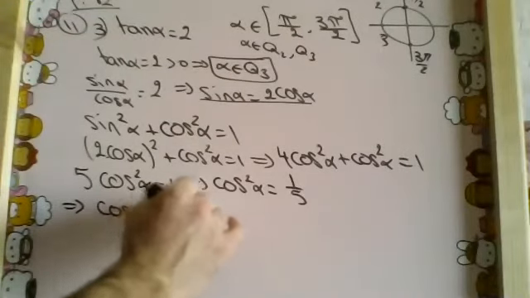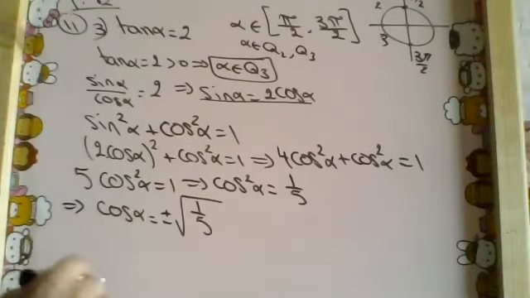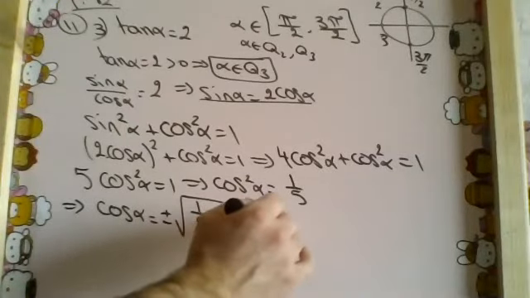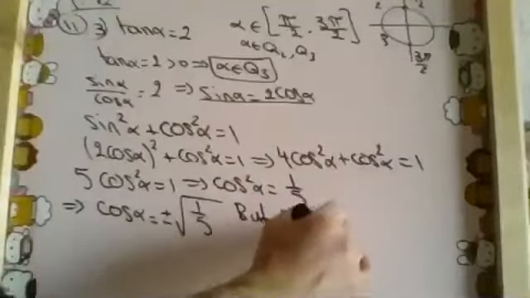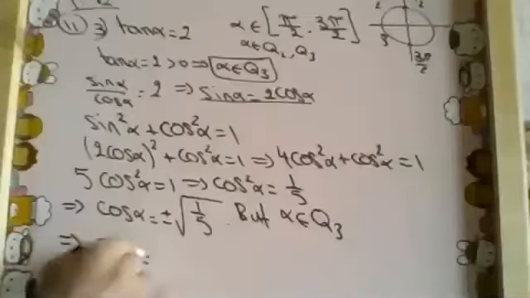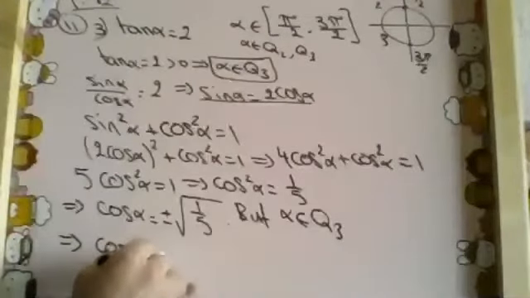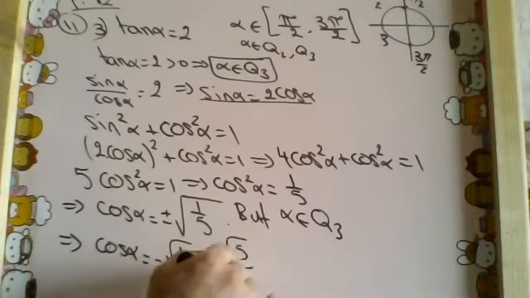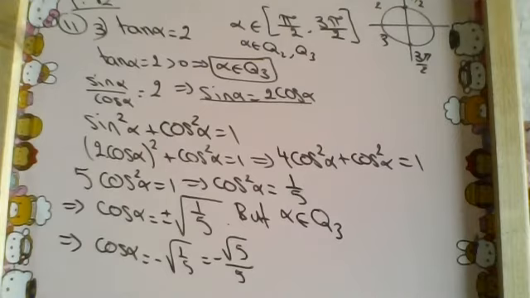But alpha belongs to quadrant 3, so cosine alpha is negative radical 1 over 5, which is negative radical 5 over 5. Now here we found cosine alpha.